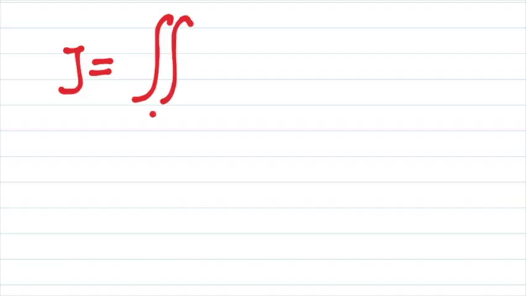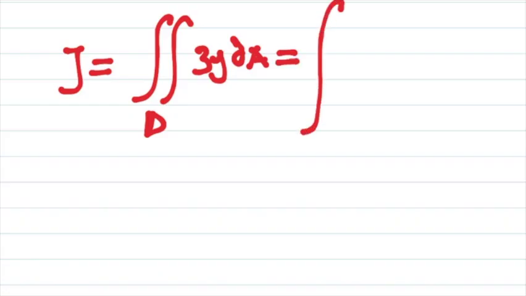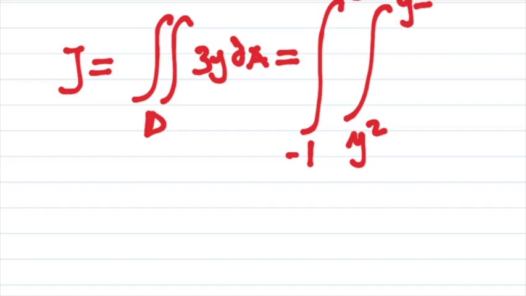So let's do the integration now. Let's solve for J. So J here is the double integral over D of 3y dA, the same as saying the integral from -1 to 2 of the integral from y squared to y plus 2 of 3y, and we're gonna go dx, dy.